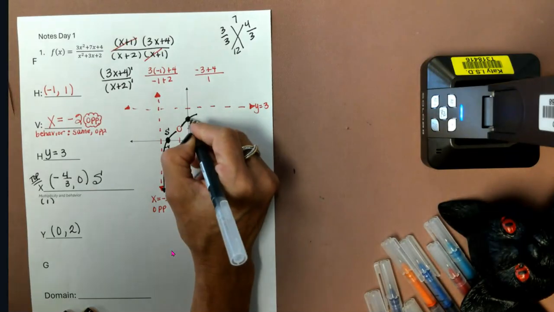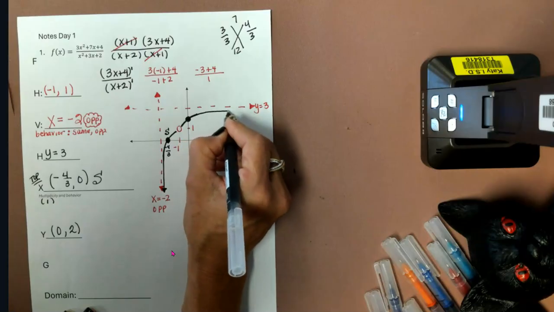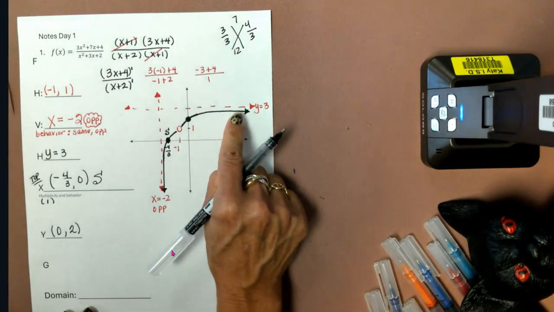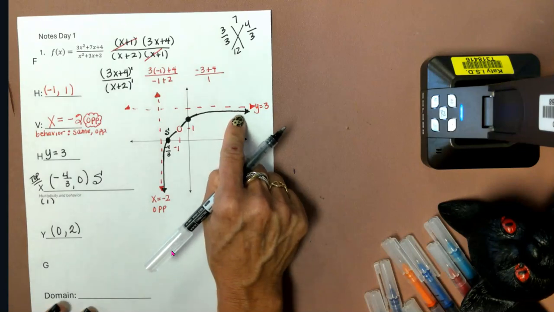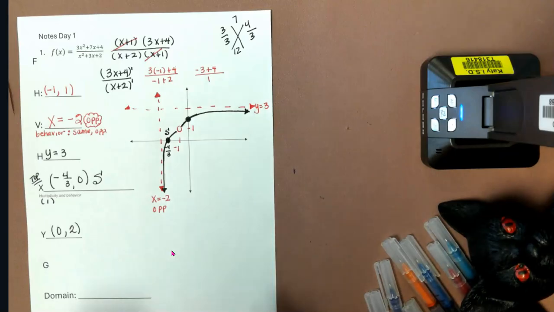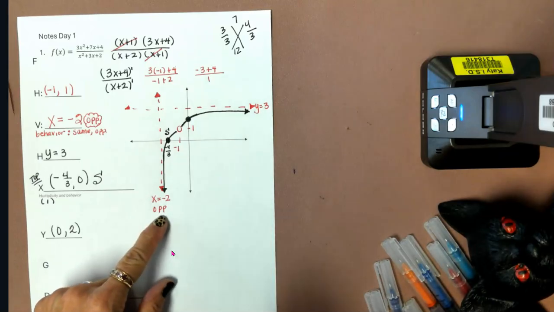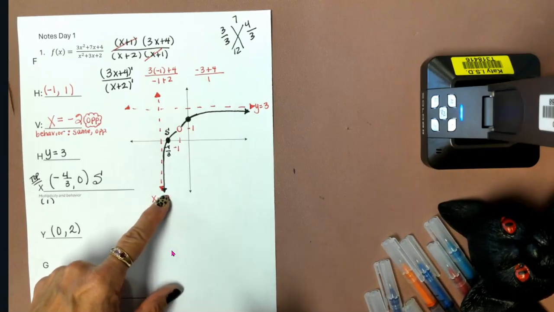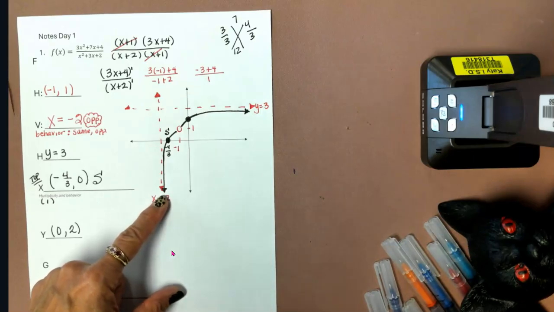All right, so I connected, hopped over the hole, connected to the y-intercept. Now look, we're up here with a horizontal asymptote. That graph loves that horizontal asymptote too, so we want to get close to it. Now what do we do? Go back to your vertical asymptote and look at the note that you wrote yourself. You wrote to yourself that it was opposite behavior. You just drew a down arrow, so we have to draw the opposite. We have to draw an up arrow.